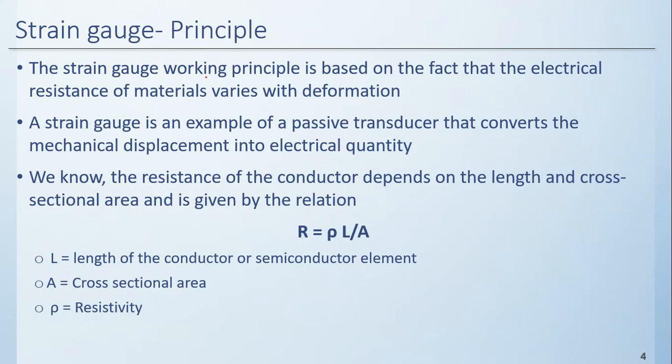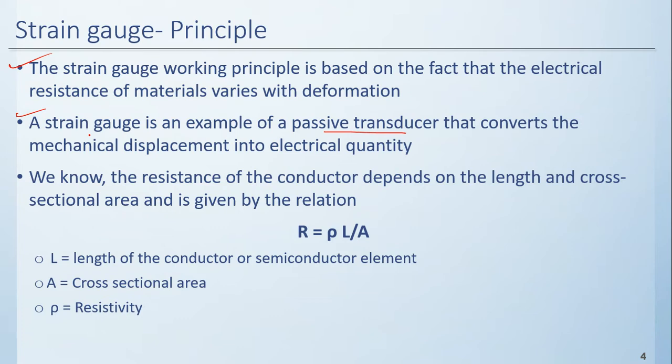The principle of the strain gauge is that when a material deforms, the electrical resistance will also change. This is the basic principle of a strain gauge. That is, the electrical resistance of the material varies when it deforms. And the specialty is that the strain gauge is a passive transducer. We have already described strain gauge as an example of a passive transducer in module number 3.